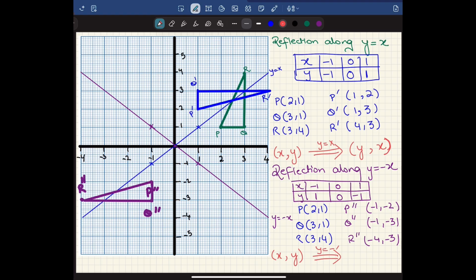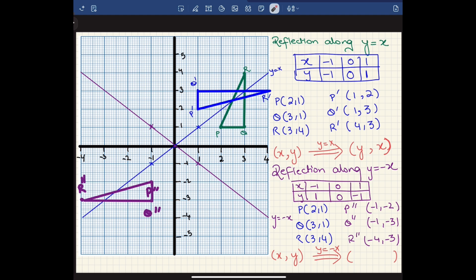If you're sharp enough to notice, let's forget about the signs for a moment. We have 2, 1 here, and when reflected along the line y is equal to negative x, we get 1, 2. Forgetting about the signs: 3, 1 becomes 1, 3, and 3, 4 becomes 4, 3.